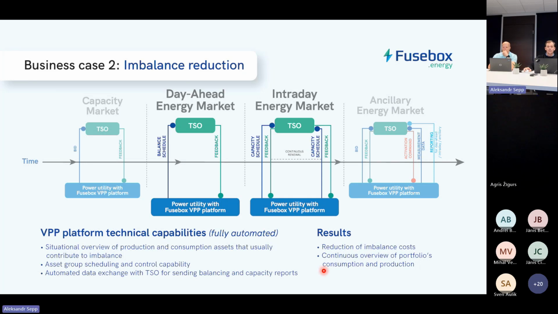Also, we see that the imbalance costs or penalties that energy companies have are one of the big issues that we help to overcome. But it's also really having your hands on your portfolio management. You get to understand your assets in a better way, and you squeeze everything from the trading process.